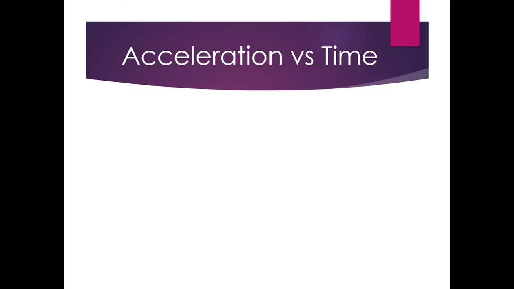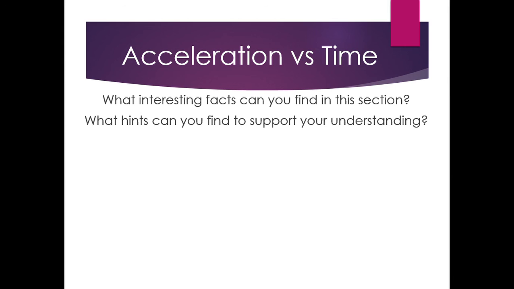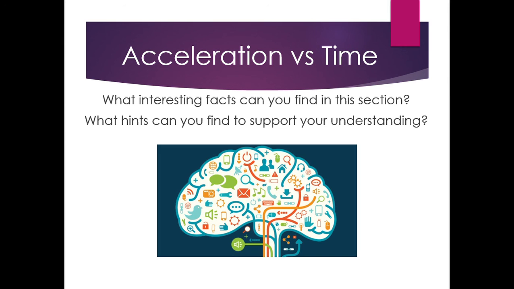Now we're going to go with acceleration versus time. So question, what interesting facts can you find in this section? And what hints can you find to support your understanding? Now I will ask you to go to Agilex and search for the acceleration versus time graphic and all the explanation from there, so you can find what other interesting facts and relationships you can find in the representation of the graphics and the values that there are.